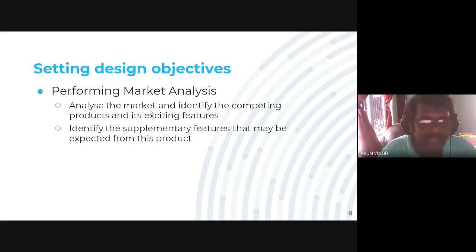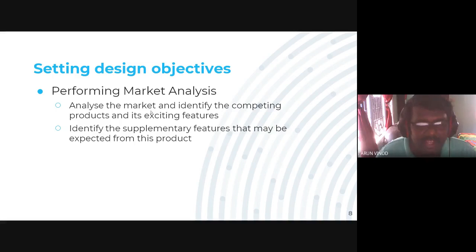While designing it, you have to check whether any similar product is available in the market, whether that product is very successful, and what features are available in it. That is why we do the market analysis. So we have to analyze all those things.